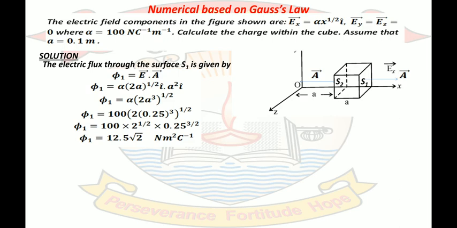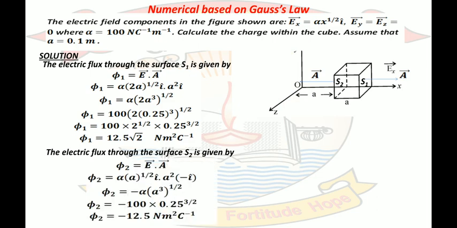Is it clear? So the phi 1 value is given. The same goes with S2, but in S2 the A vector and electric field are in opposite directions, and therefore phi 2 is equal to E vector dot A vector. The a cube written at the bottom of this red spot should be a to the power 5.